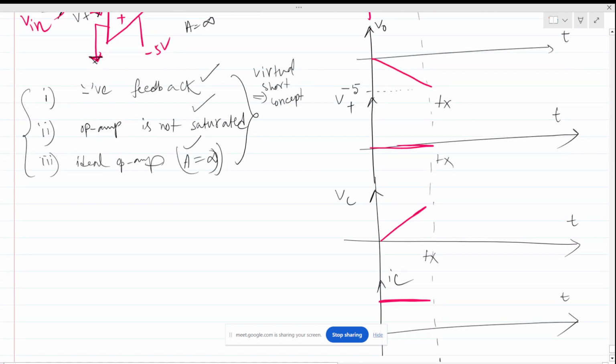So now, this feedback voltage is +5, and this current is nothing but 1 volt divided by R. This is clear, right?